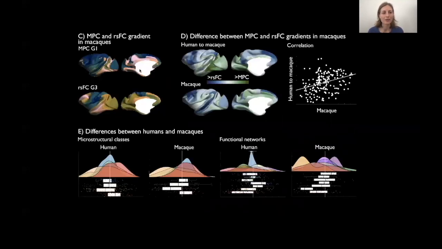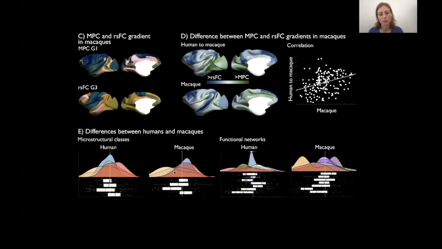And yes, for macaques, we also found these two gradients, and comparing, there is some relationship, although it's not so strong, between the organization of macaques and humans, when projected from humans to macaques. And again, you see this dissociation between, on the one hand, heteromodal regions and, on the other hand, limbic regions, whereas the differences between idiotypic and unimodal regions is not that big when you compare this organization of function and structure.